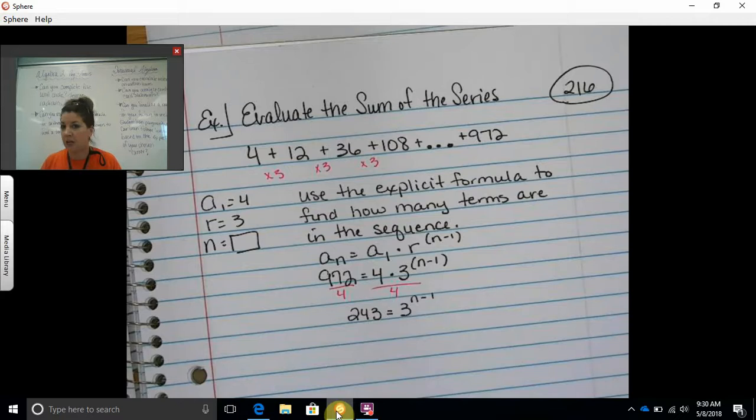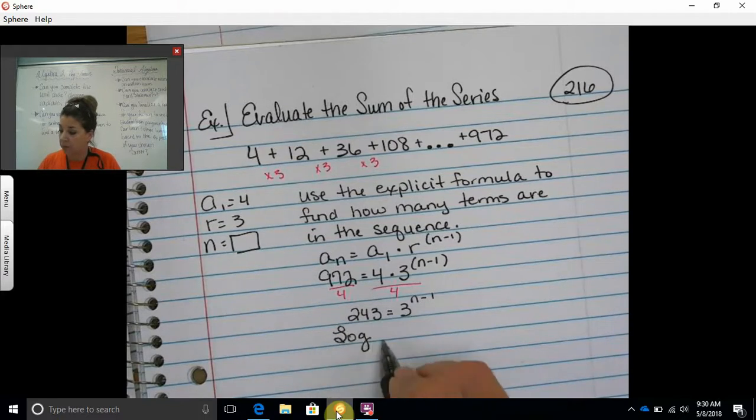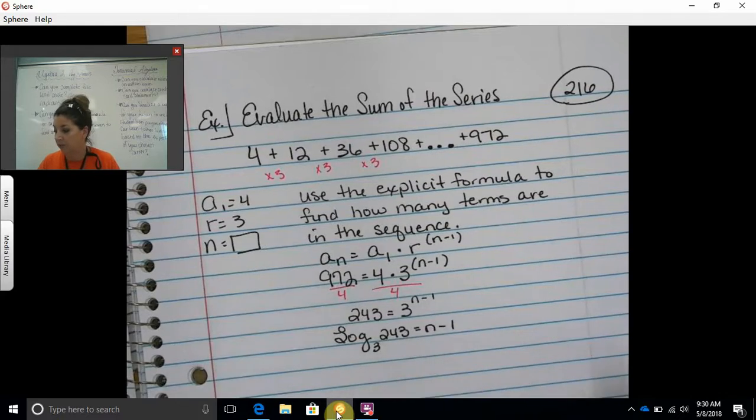Now you can try to write both sides with the same base if you want, or you could just go ahead and write it as a logarithm. So as a logarithm, that would be log base what? What would your base be? 3 of 243 equals n minus 1.